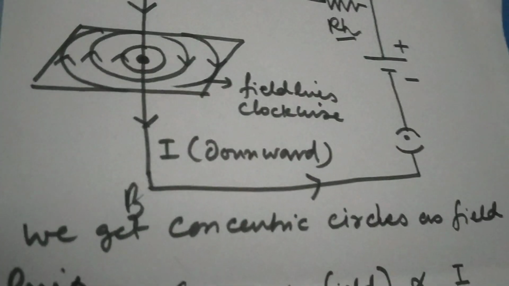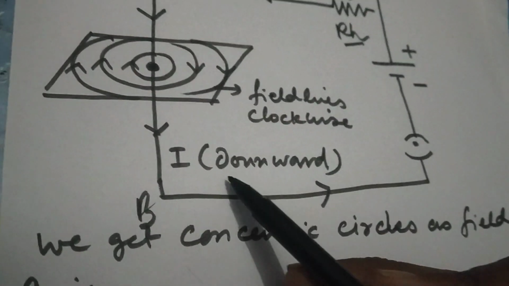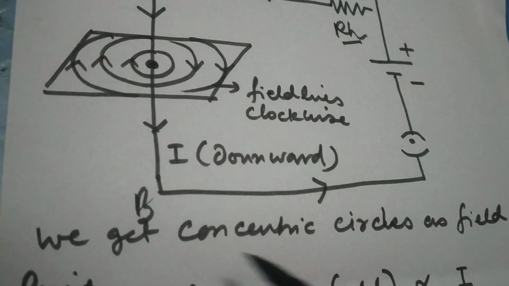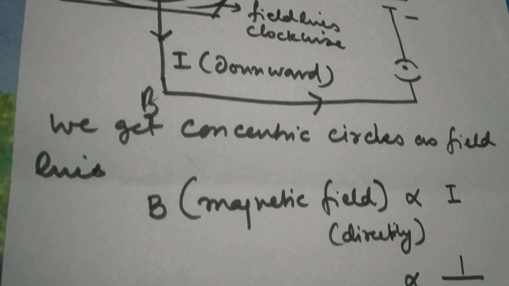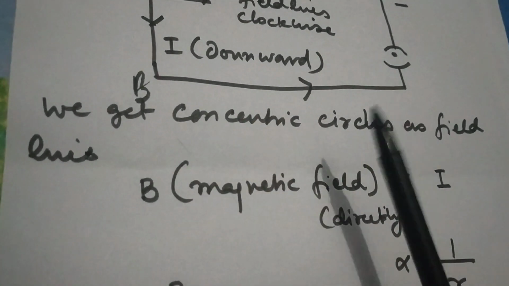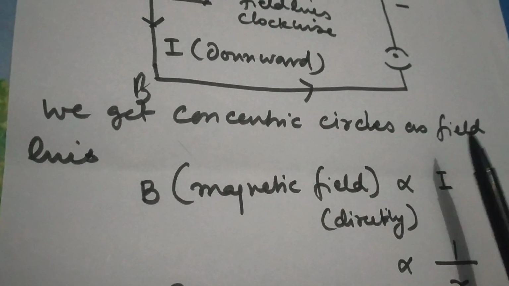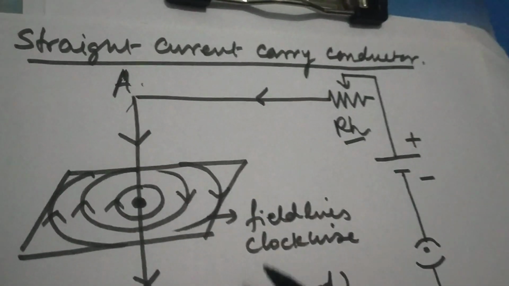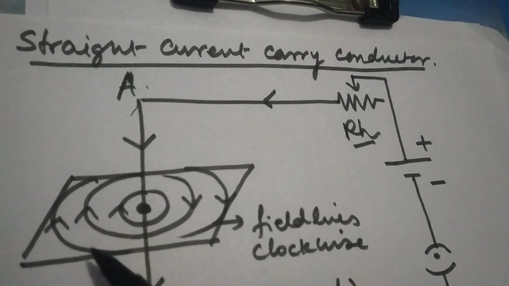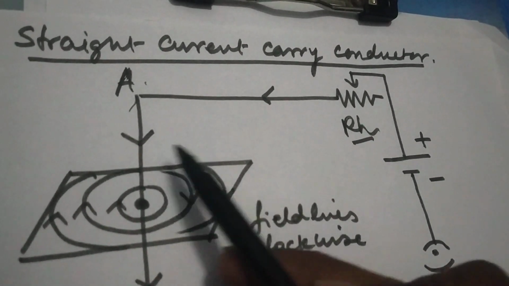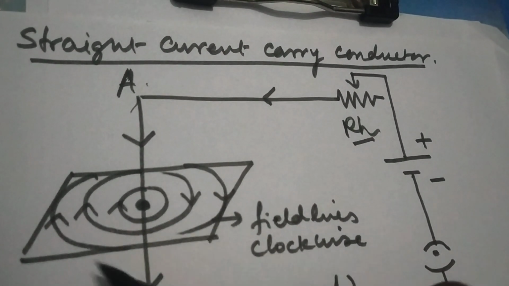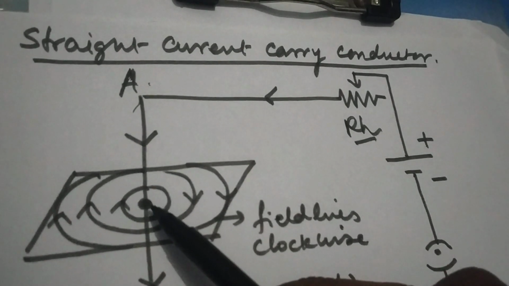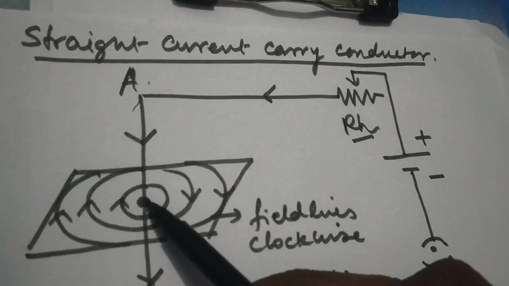So the field lines are clockwise, as per the example taken here. We get concentric circles as field lines. What do you mean by concentric circles? Concentric circles are circles having a common center. So these field lines look like concentric circles having a common center at the point which I am marking here.